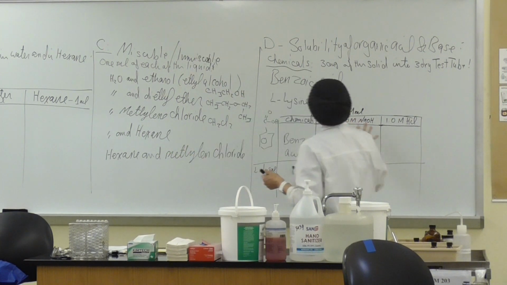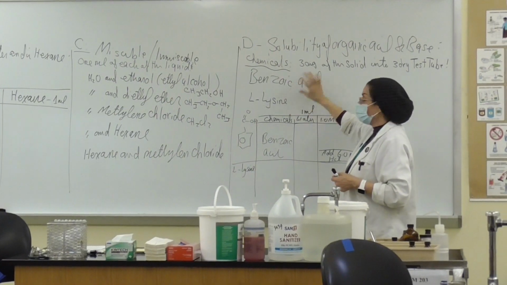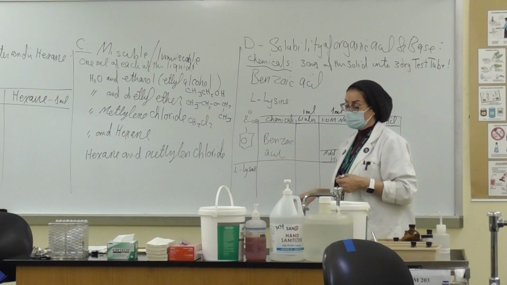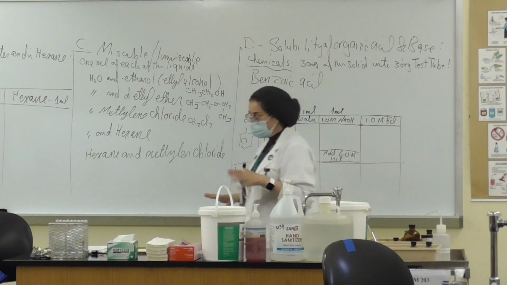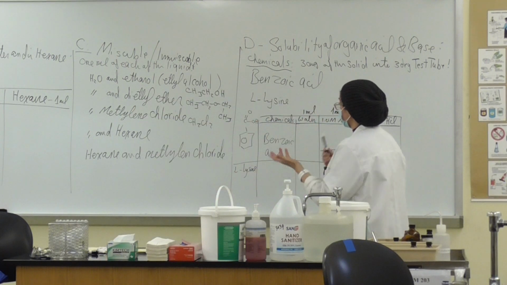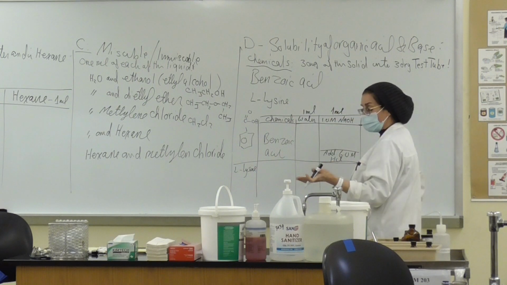All right, now the last one, we are supposed to pick one chemical which is acidic and the other one which is basic. Now, the other one is an amino acid. I don't know if you used that before, but the structure of that is going to be like that.